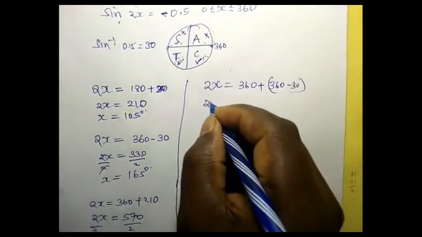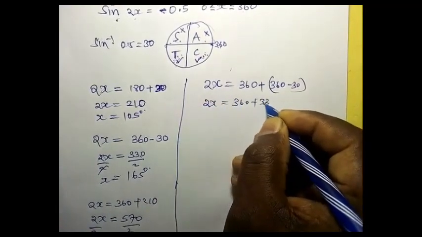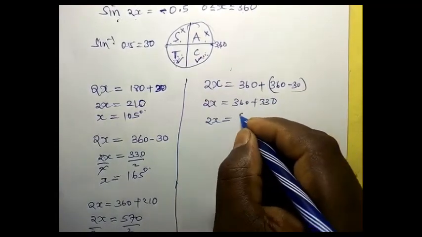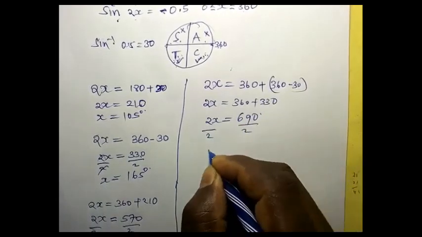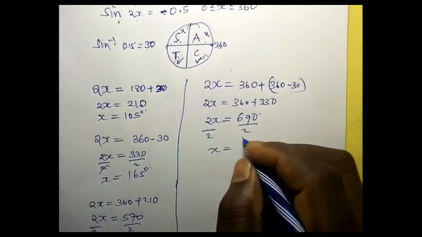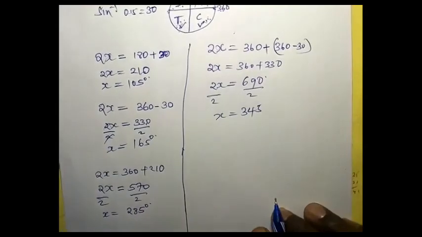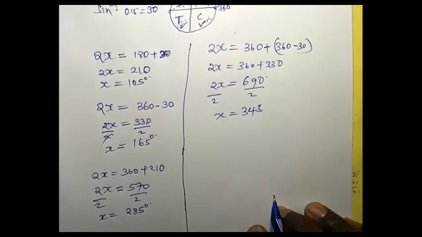So we will have 2x equal to 360 plus 330. 2x is equal to 690. Divided by 2, so x is equal to 345. Once you have reached here, you can see if you go to the next one, it's going to be more than 360. So we stop at this point.